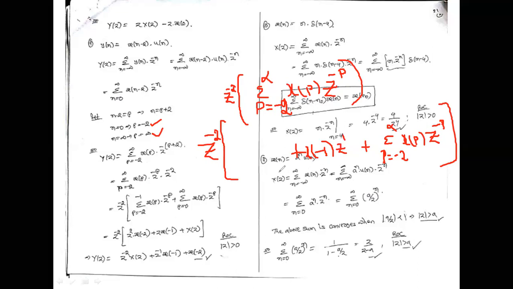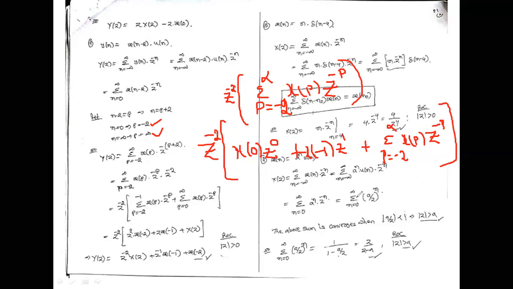What is the 0 here? x of 0, and z power 0 value, minus 1 and minus 2, that is the after value, my students. Minus 2 is there, which means definitely that is an after value only.